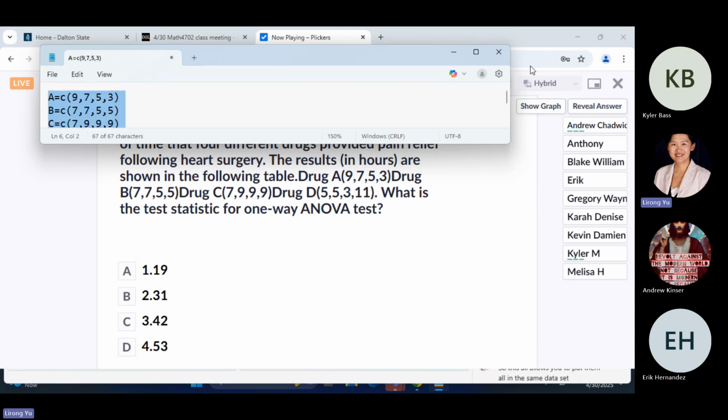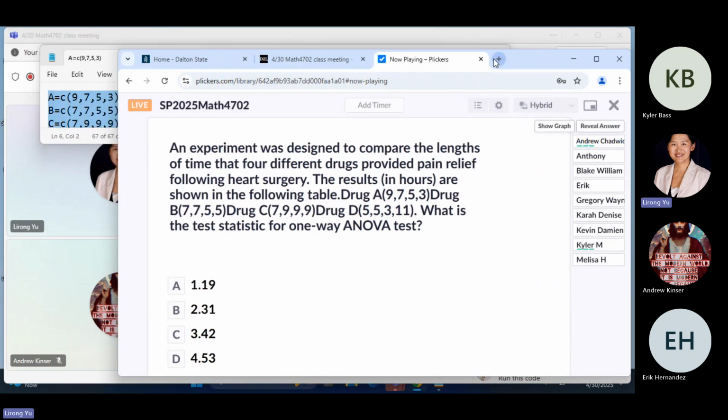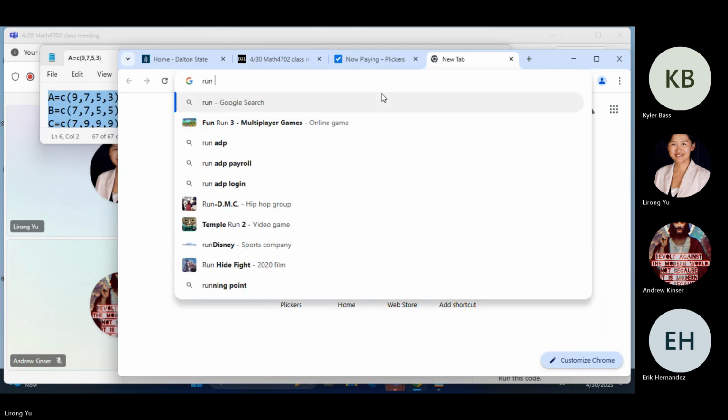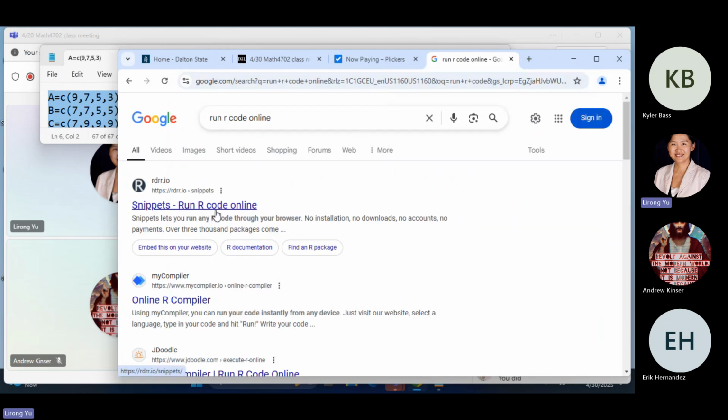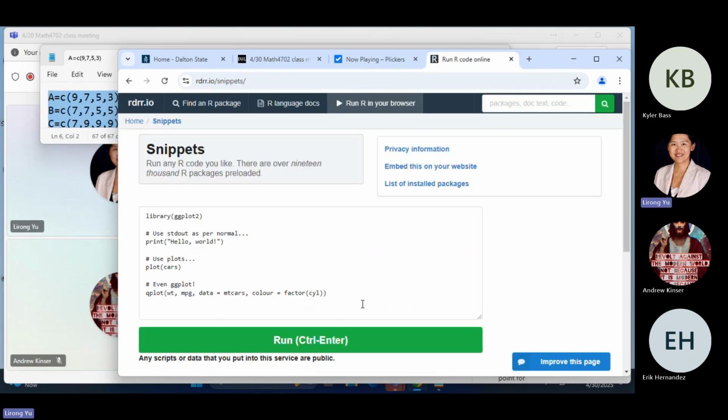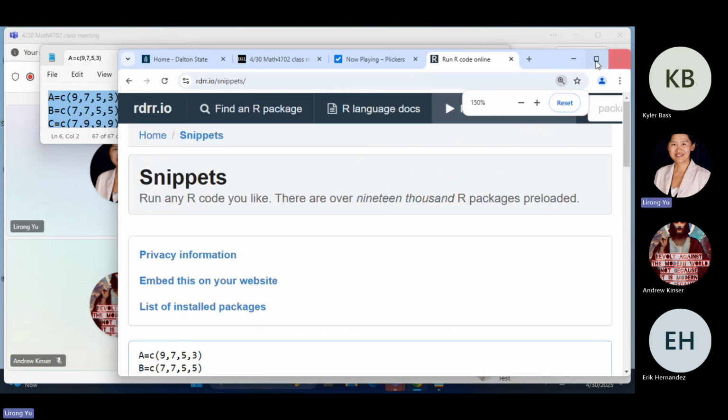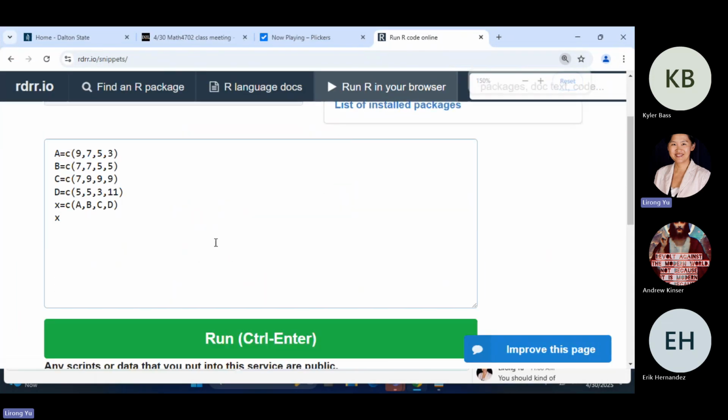Run code like this. If you did your homework for ANOVA, this should look familiar.